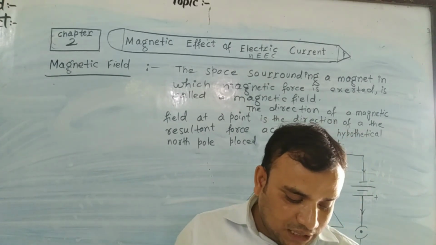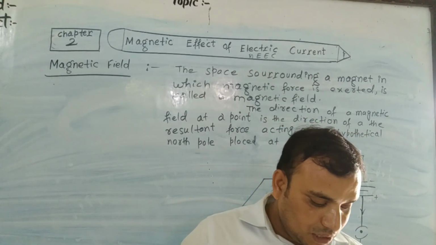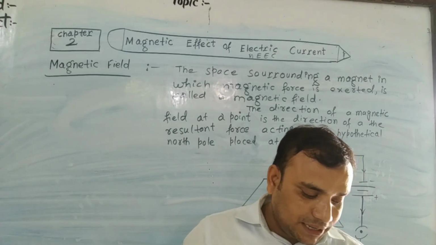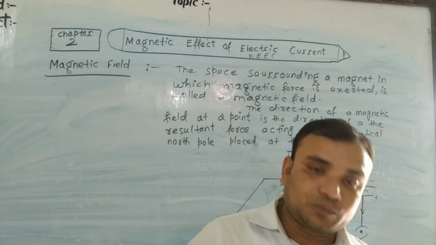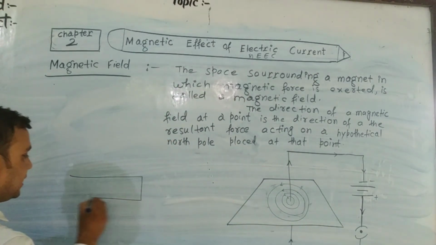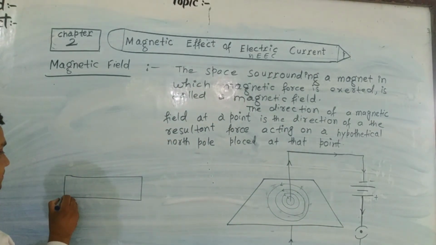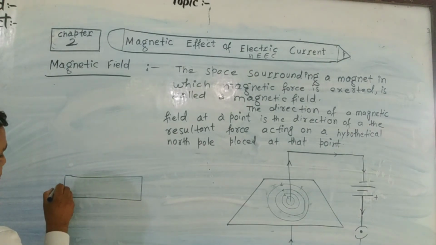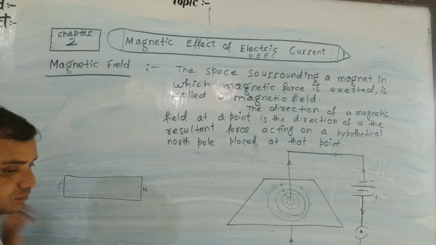The magnetic field lines always begin at the north pole of a magnet and end on the south pole of a magnet. Look here, you take a bar magnet. This is the south pole and this is the north pole.